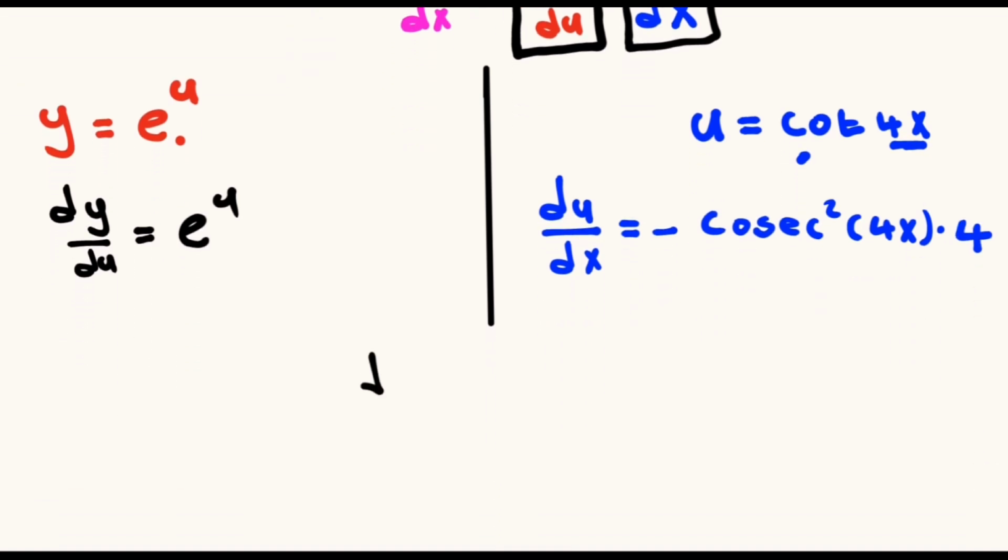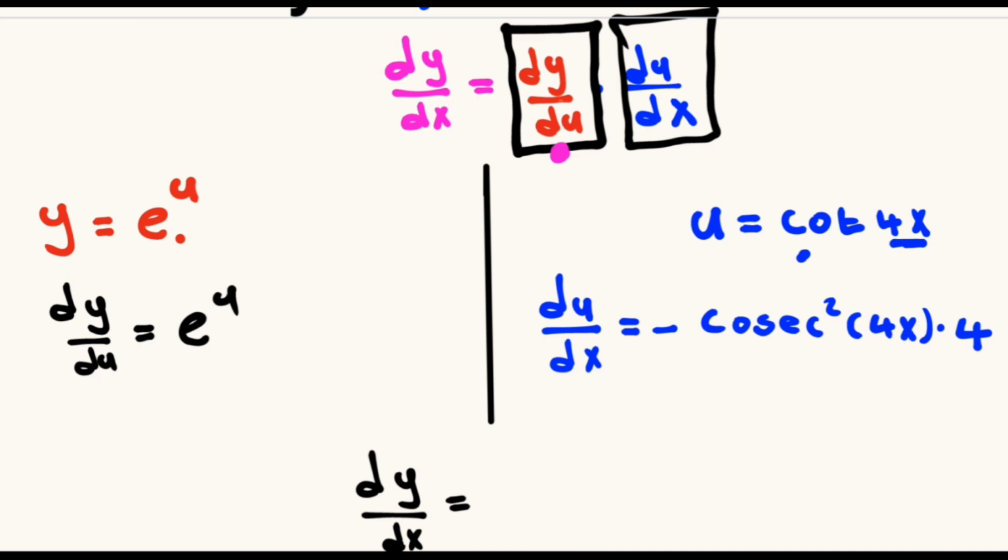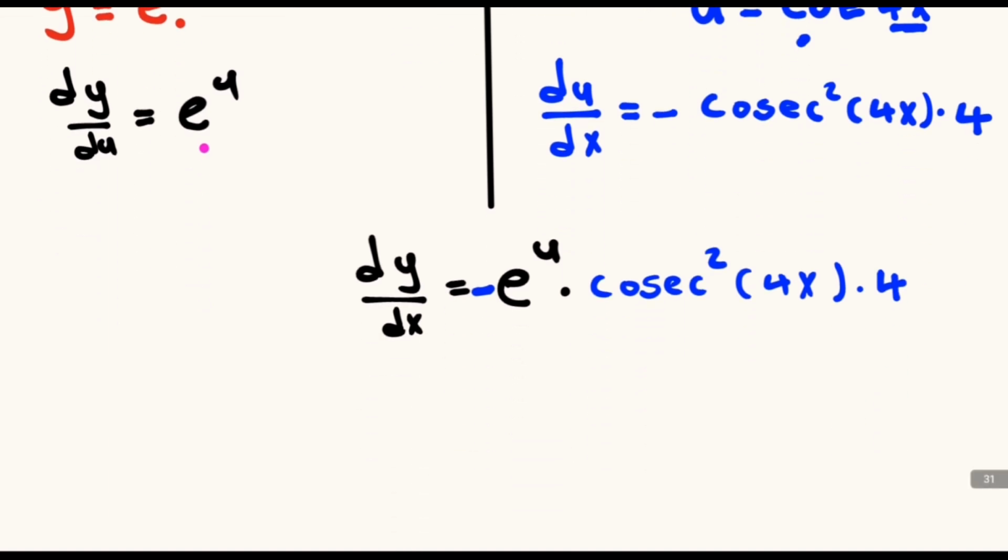The derivative of y with respect to x will be equal to the derivative of y with respect to u, which we determined as e raised to the power u. We multiply this with the derivative of u with respect to x, which we determined as negative, so we push that negative there. Negative cosec squared of 4x multiplied by the 4, and we have to simplify.